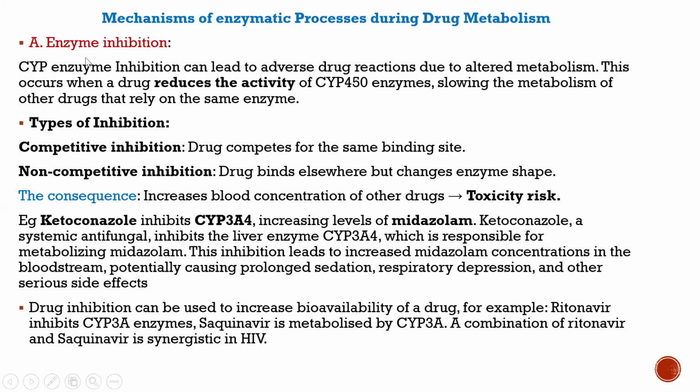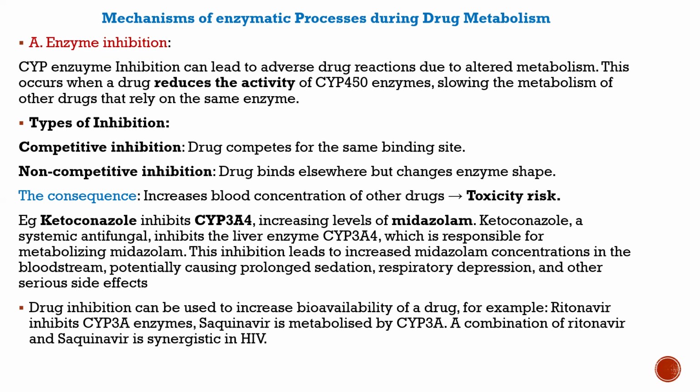So let's look at what enzyme inhibition means. Cytochrome enzyme inhibition can lead to adverse drug reactions due to altered metabolism. This occurs when a drug reduces the activity of the enzyme, preventing it from expressing itself, which slows the metabolism of other drugs that rely on this same enzyme.